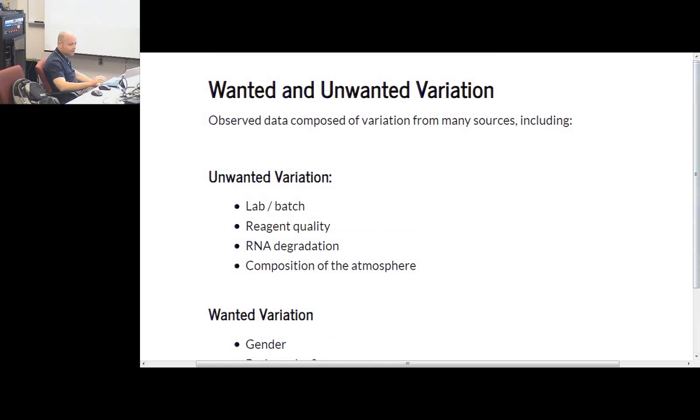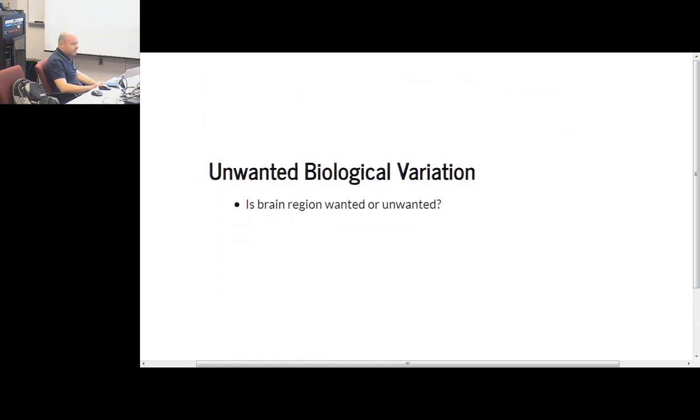And the normalization will want to reflect that. Saying that again here, should we think of brain region as wanted or unwanted? I'm going to argue that it depends, and that the normalization should reflect that.